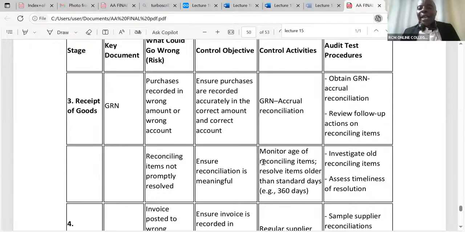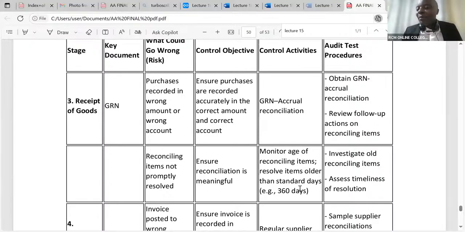Monitor age of non-reconciling items. Resolve items older than standard days. If, for example, reconciling items, ladies and gentlemen, are not resolved for a whole year, then we know that there is a problem.